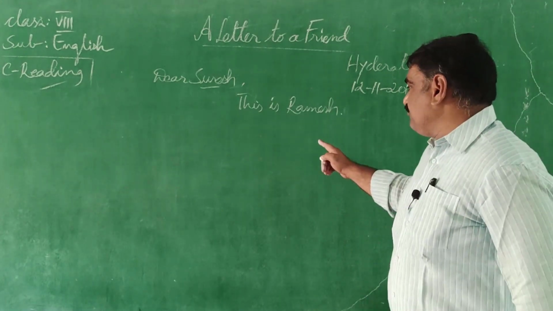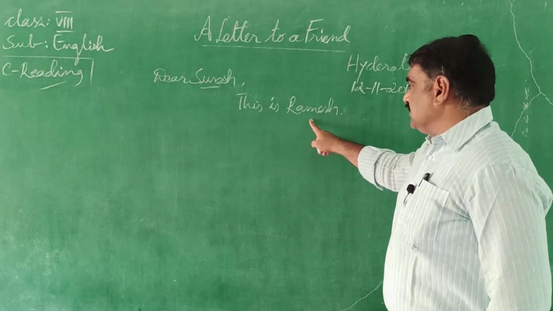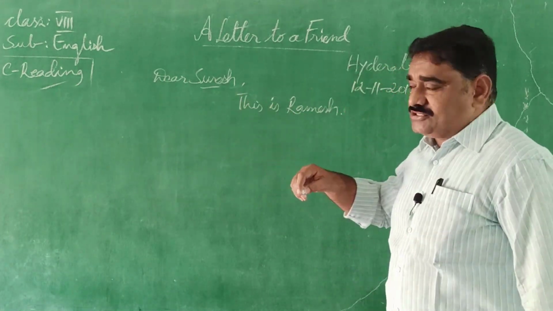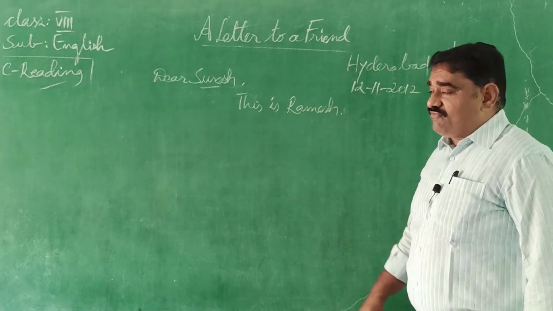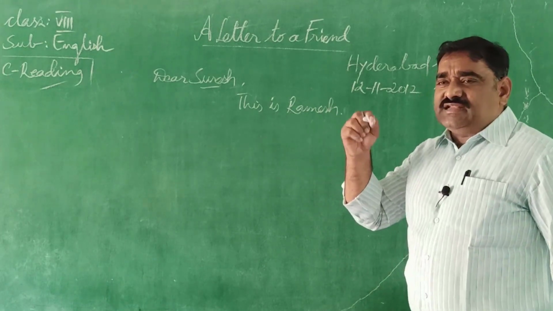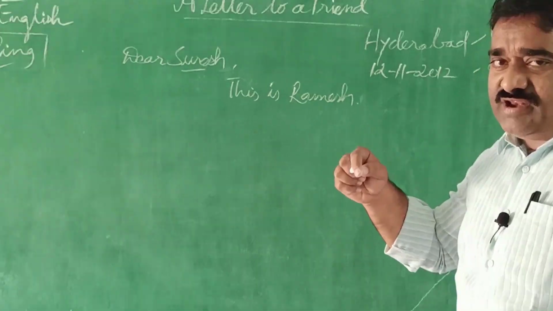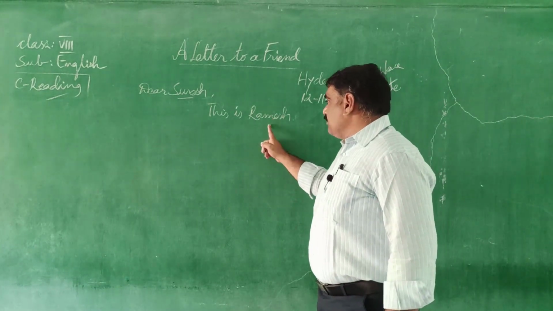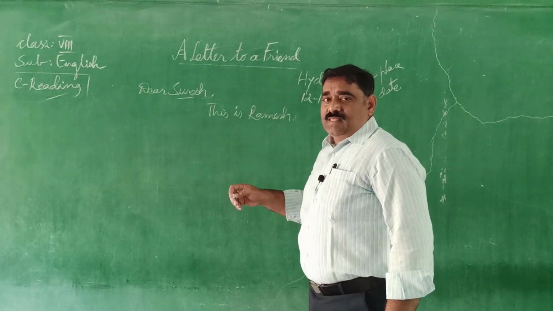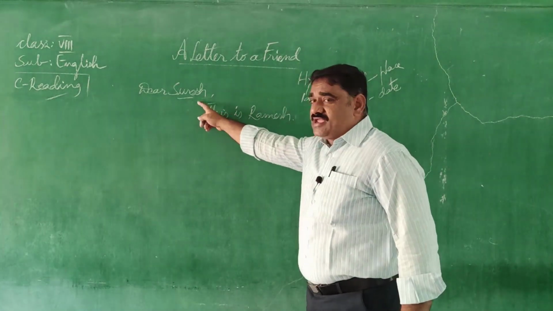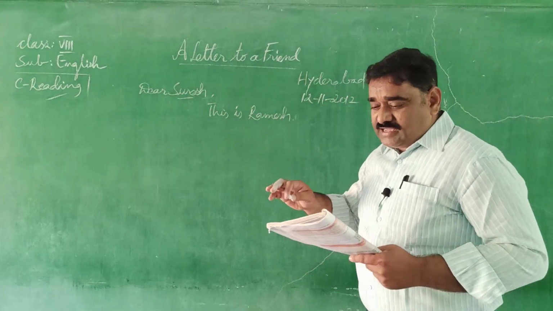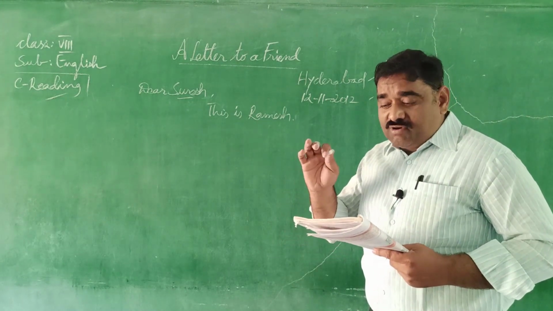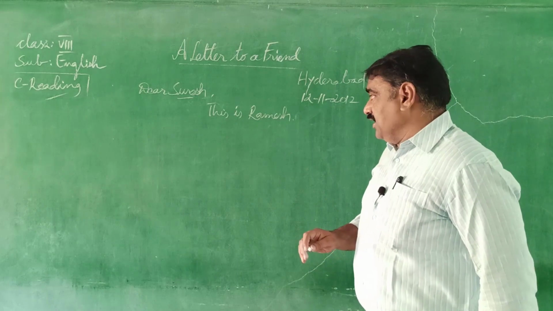You see, in the first paragraph, Ramesh tried to remember his childhood days with Suresh. Both are childhood friends. What is the intention of writing this letter? We have given it in the first line itself. I apologize. Ramesh apologized to Suresh. Why did Ramesh apologize to Suresh? It is mentioned clearly: I apologize for not meeting you during your visit to Hyderabad last week.